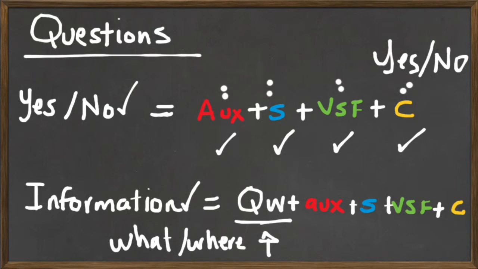For example, what language do you speak? This time around, the complement, we don't have one. Well, language would be the complement. Maybe let's say, where do you normally eat your breakfast?